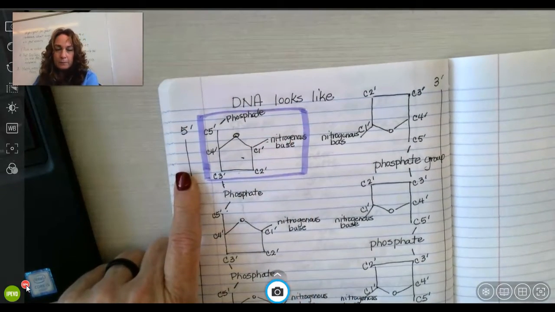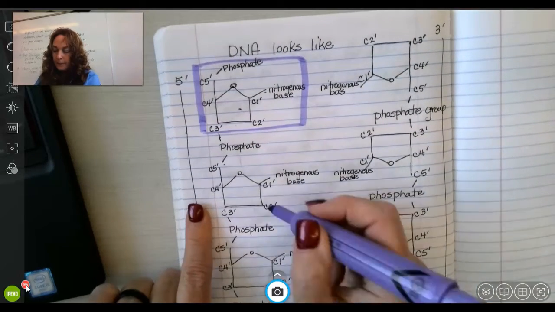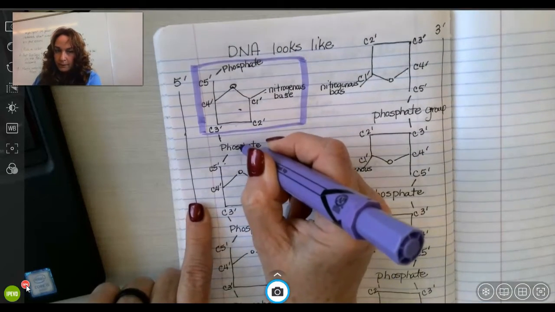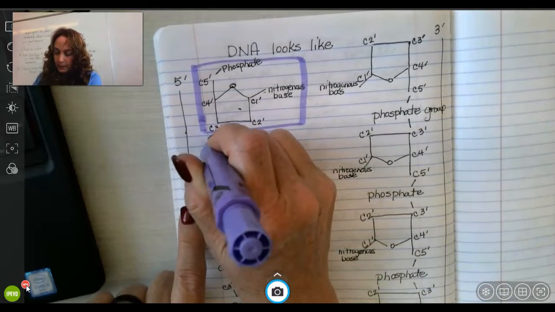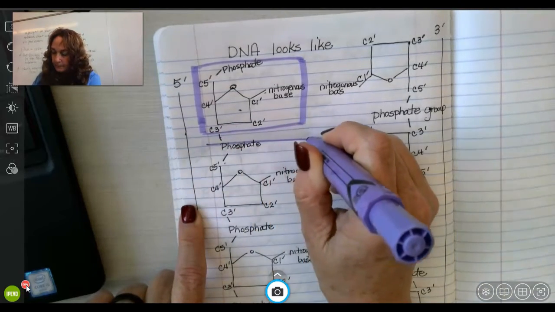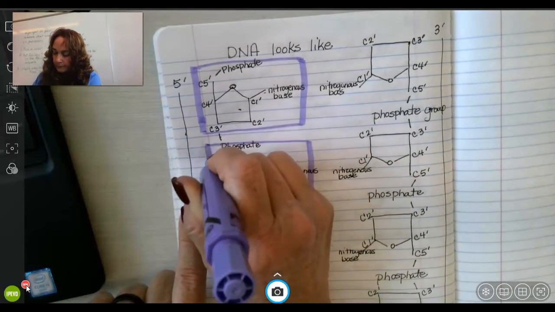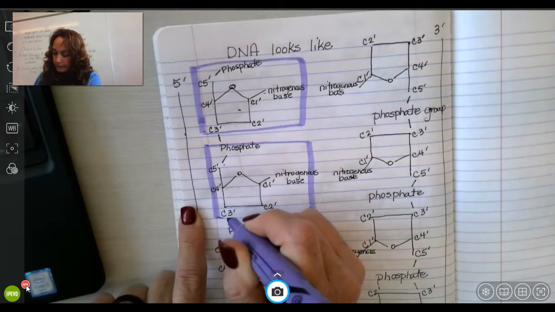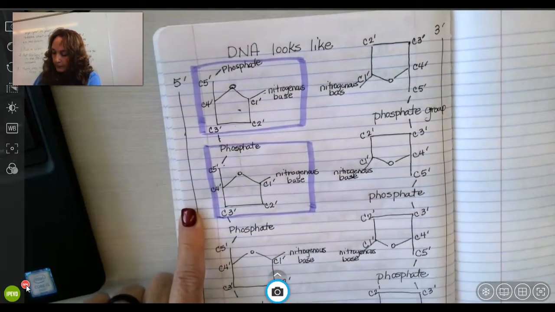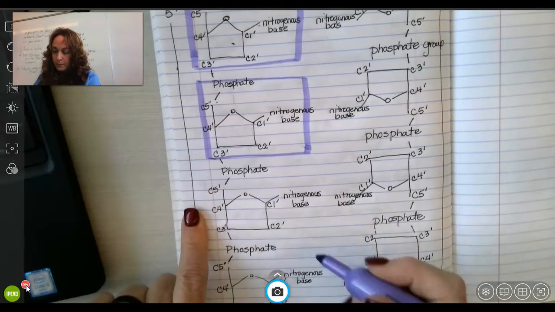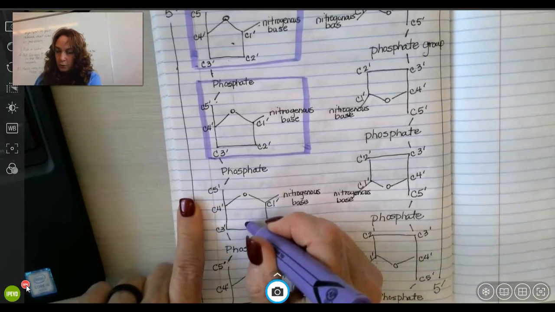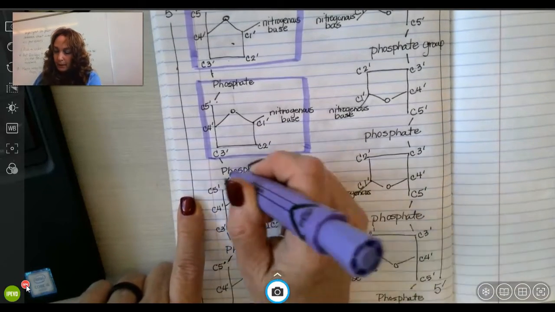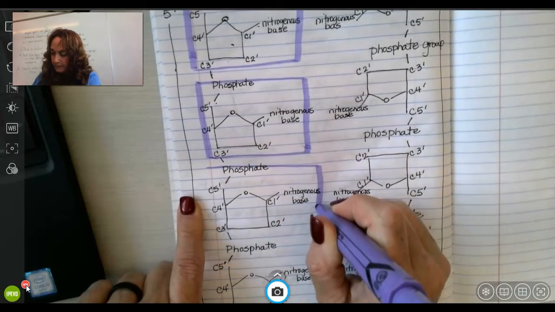That is the monomer. That's one. Sugar, phosphate, nitrogenous base. That's another. Keep going.